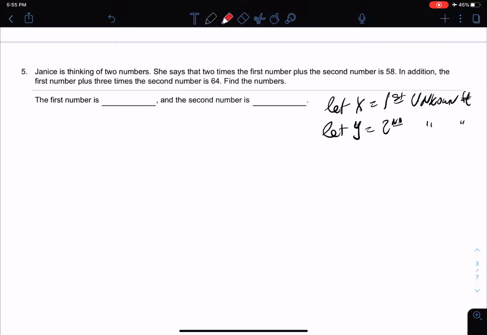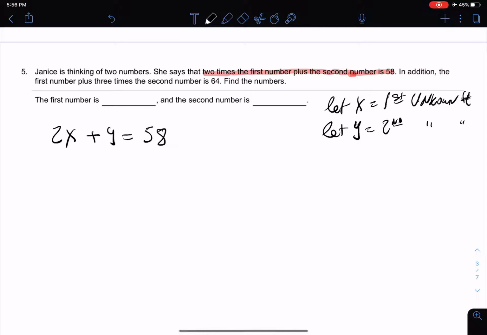The first bit of information says Janice is thinking of 2 numbers. She says that 2 times the first number plus the second number. So there it is right there. 2 times the first number is 2 times x, plus the second number is y, is 58.